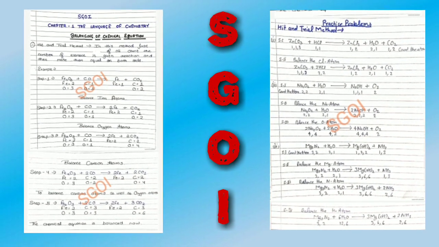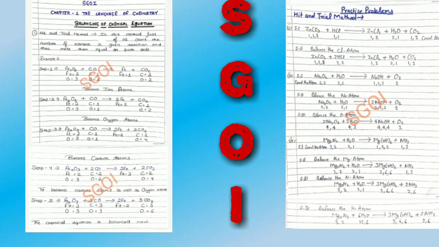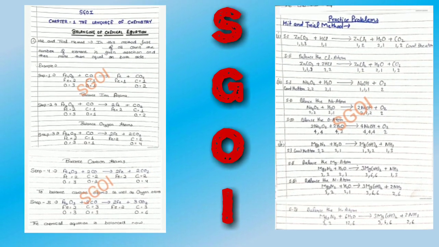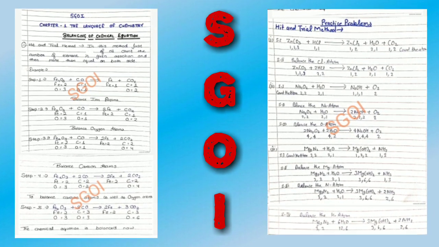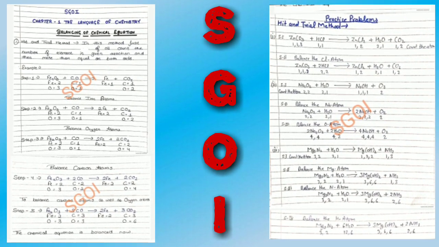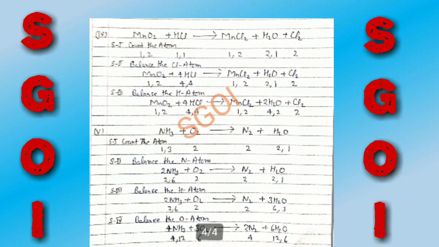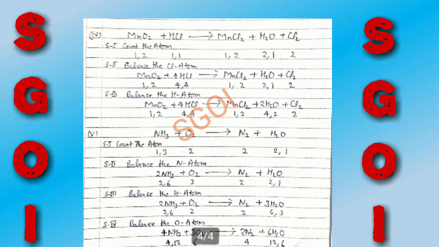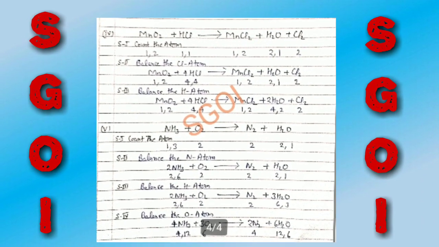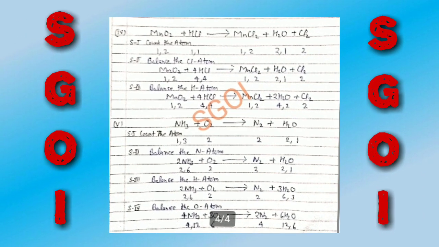So all the atoms are balanced. Check it. 3 magnesium on both sides, 2 nitrogen on both sides, 6 oxygen on both sides, and 12 hydrogen on both sides. So all the atoms are balanced. This is the complete balanced equation.